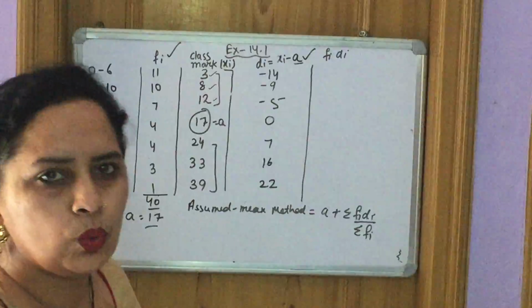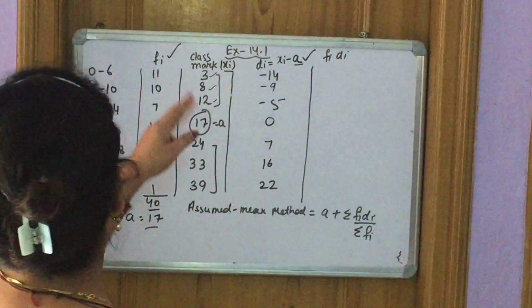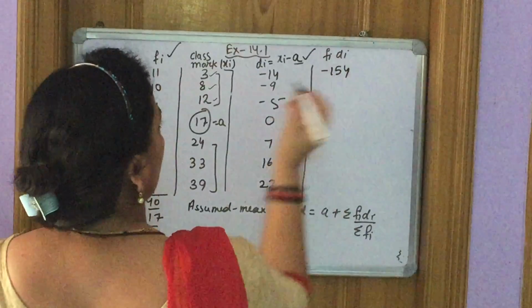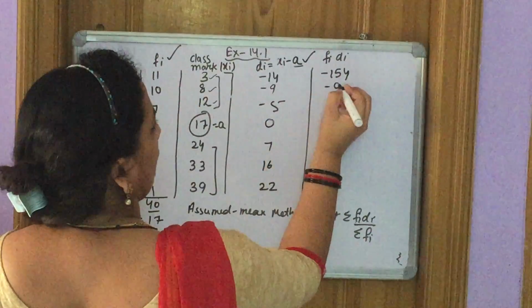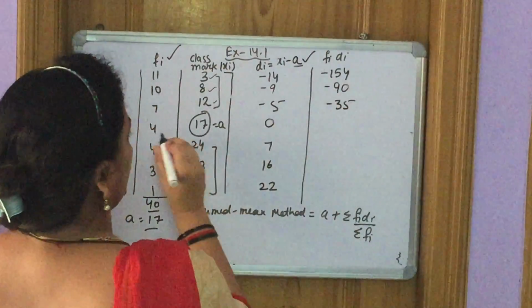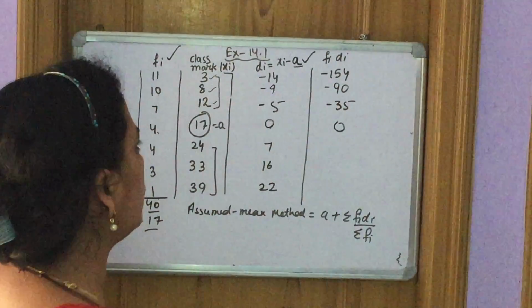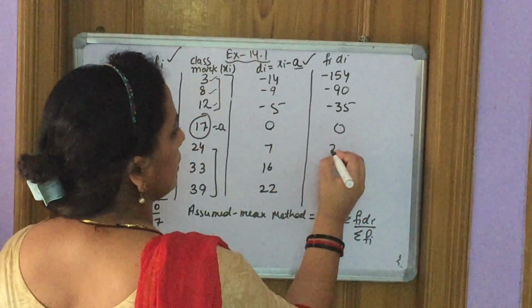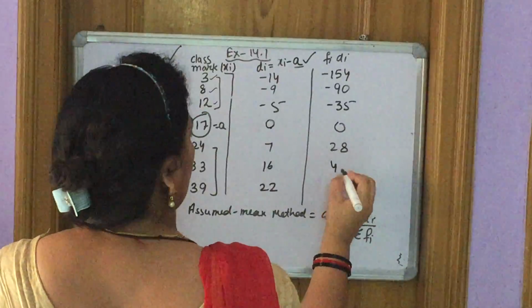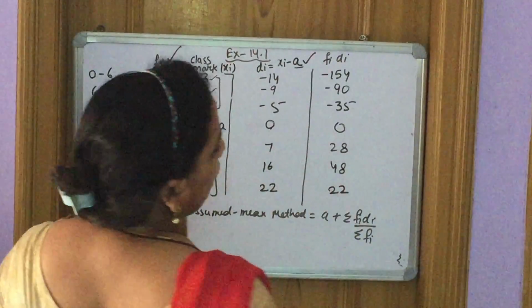After that we have to do the summation. So after multiplication we get here minus 154, then 10 and 9, we have minus 90, 7 and 5, 35, 4 and 0, 0, 4 and 7, 28, 16 and 3, 48, and after that 22.